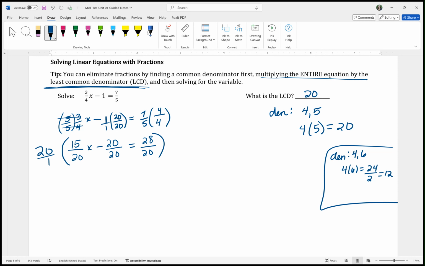If I have 20 times this part, the 15 over 20, this 20 on top and this 20 on bottom cancel. So you're really just left with 15x. And in the next part, 20 times that cancels the bottom, and you're just left with 20. And in the next part, 20 times that cancels the bottom, and you're just left with 28.